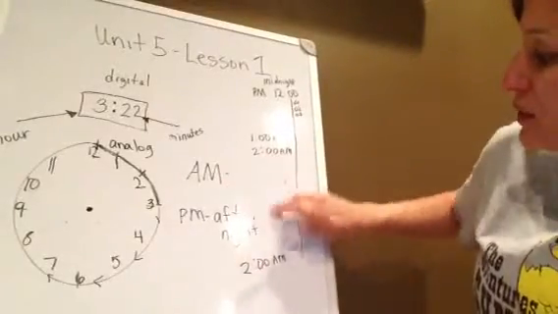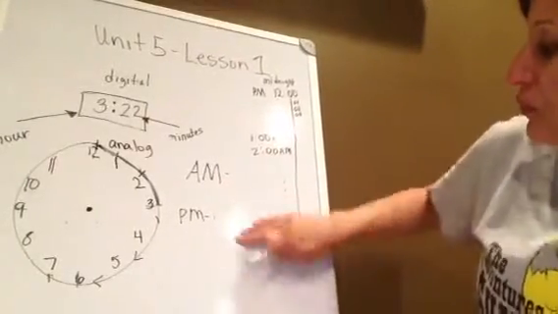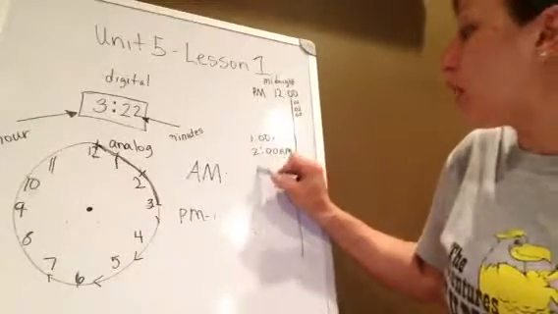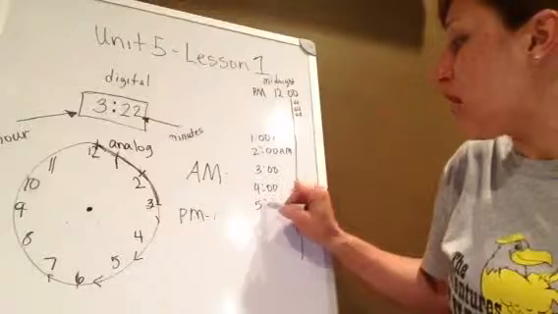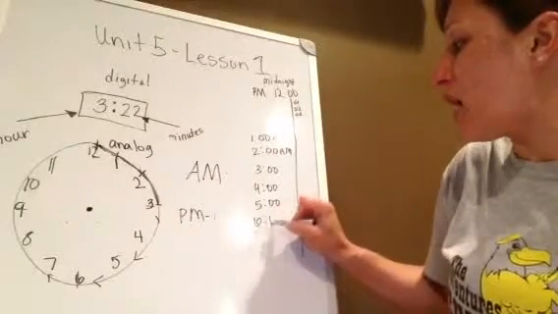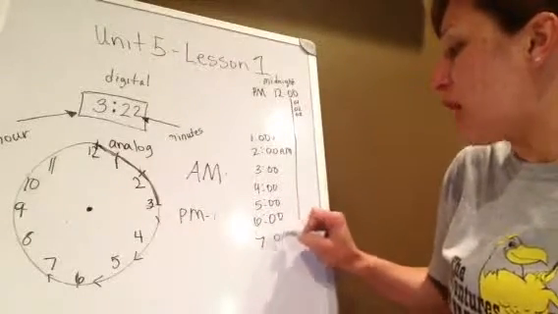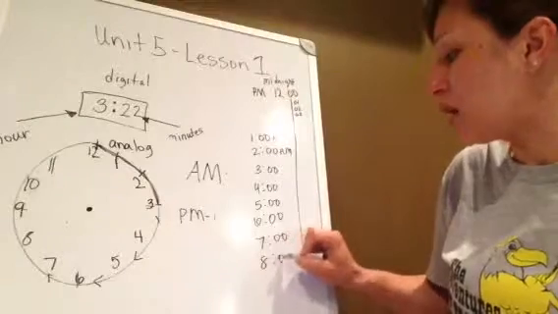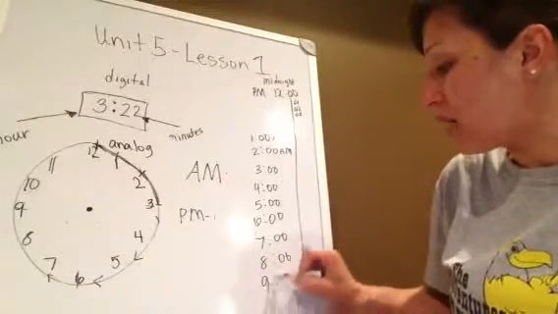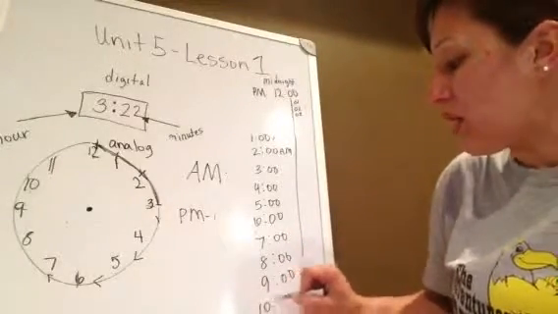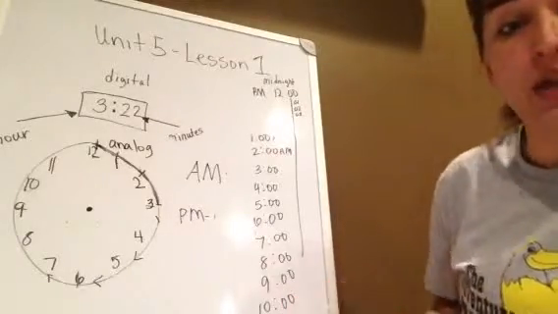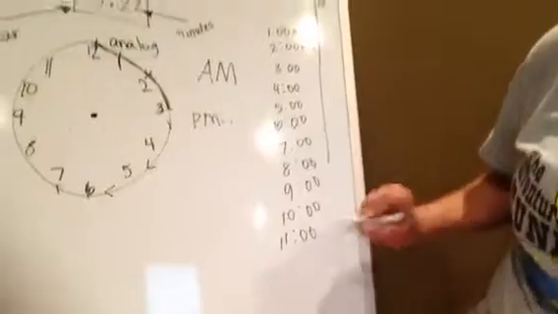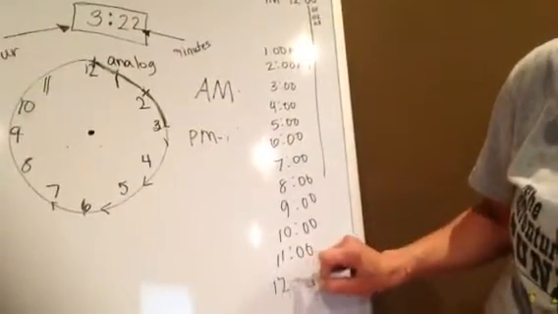Let's take some of these off so we have more room. 3 o'clock, 4 o'clock, 5 o'clock, 6 o'clock, 7 o'clock, 8 o'clock, 9 o'clock, 10 o'clock, 11 o'clock, and now we're at another 12. We're at 12 o'clock.